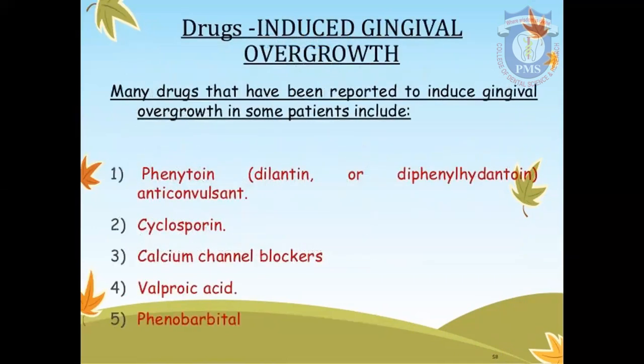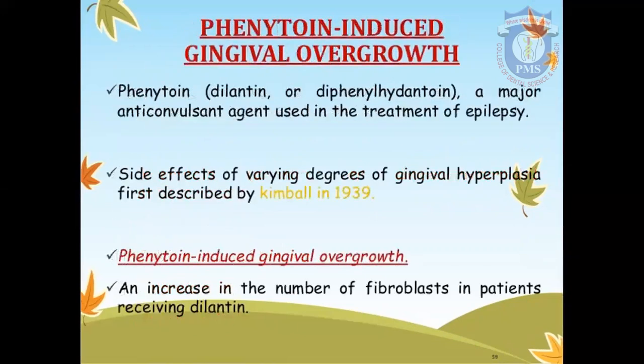Now, next is drug induced gingival overgrowth. Many drugs have been reported to induce gingival overgrowth, and these include phenytoin, cyclosporin, calcium channel blockers, valproic acid, and phenobarbital. So, coming to phenytoin induced gingival overgrowth, phenytoin is an anticonvulsant drug.